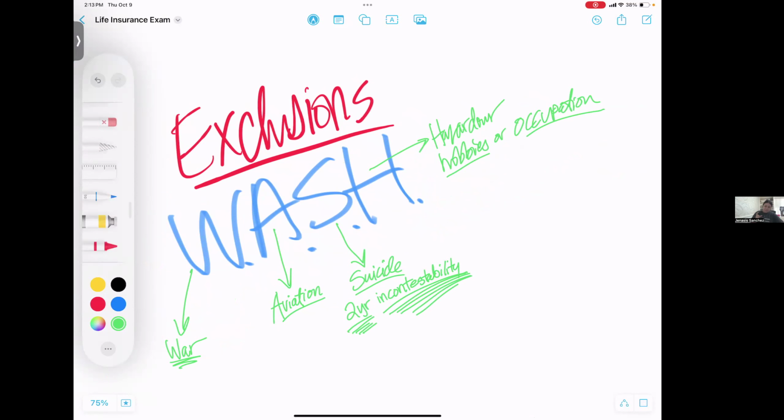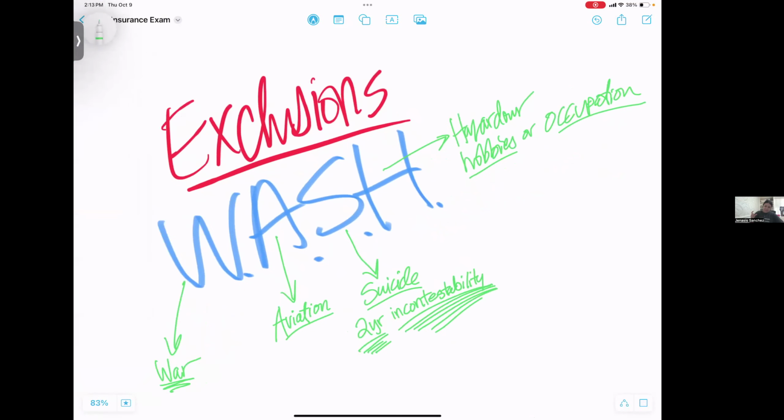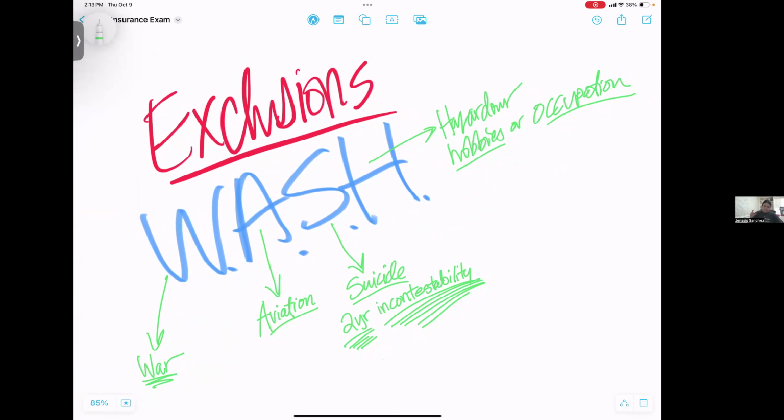Another question it asked me on the test was on the settlement options. It said if a settlement option is not chosen by the policy owner or the beneficiary, which option will be used? Cash out.